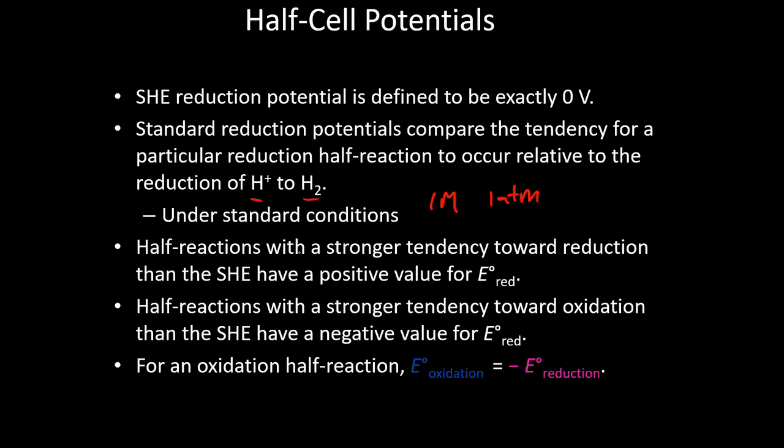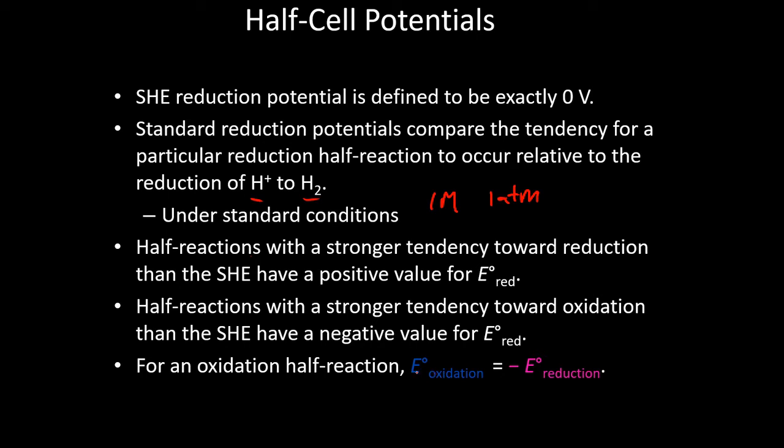So half reactions with stronger tendencies towards reduction will have positive values of the standard reduction potential, and half reactions that are more likely to be oxidized than the standard hydrogen electrode will have negative values. And no matter what half cell we're looking at, the standard reduction potential is always going to be the same value as the standard oxidation potential, just opposite in sign.